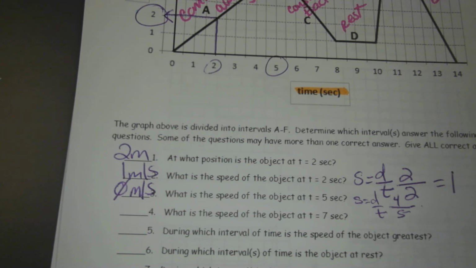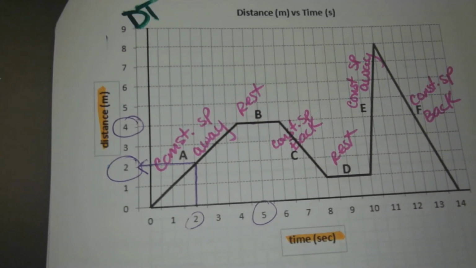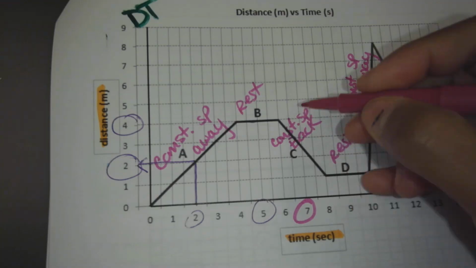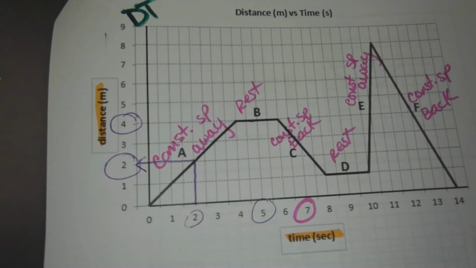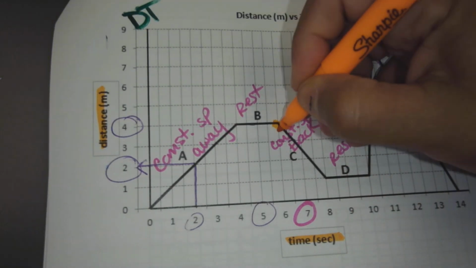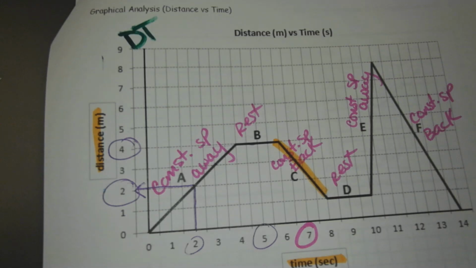Okay. So now it says, wait a minute, what about T7 or at 7 seconds? So let's go over here and look at where 7 seconds is. When I look at 7 seconds, it's regarding this line for line C. And line C is not a flat horizontal line, so there is going to be an answer.